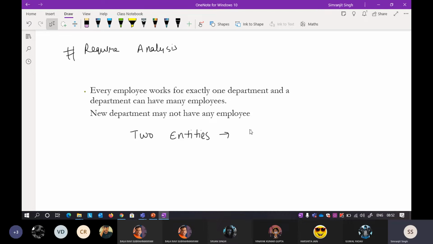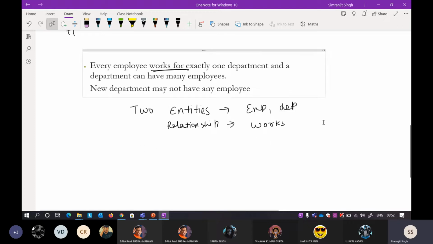The first entity is your employee, another entity is your department. Okay, so what is the relation? The relation is works for. The relationship is works for. I think you have already been able to identify these kinds of things because you have already studied this in your previous lecture.